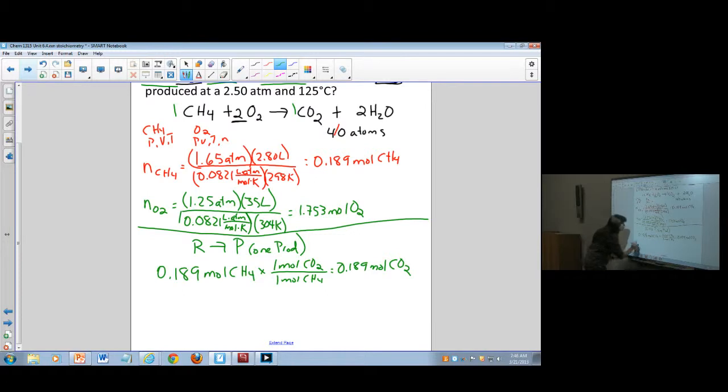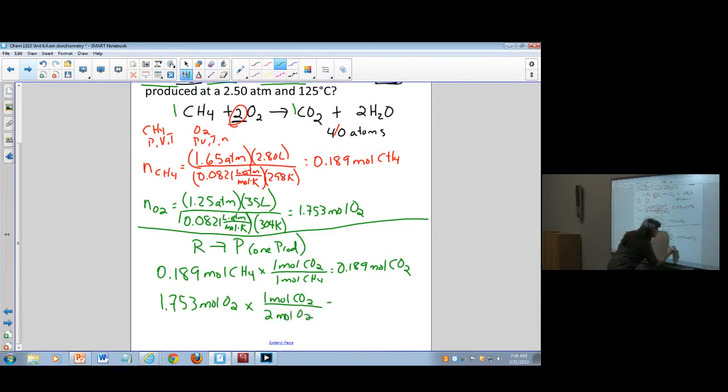Now, for our oxygen, 1.753 moles of O2, I've got to get into the right unit. I have 1 mole of CO2, that's the one I want to know about. We could just as easily have picked water, but we're interested in this one this time. Remember we have stoichiometry here, so that's for every 2 moles of O2. When we get done, we end up with 0.876 moles CO2 if all of the oxygen reacted.